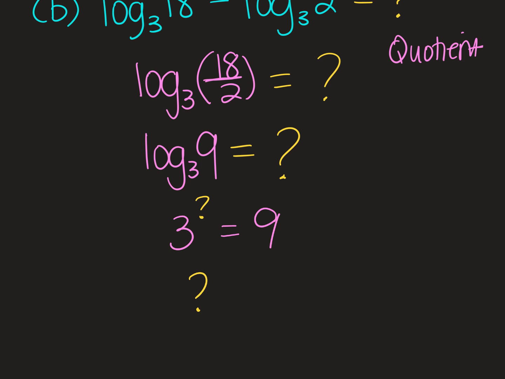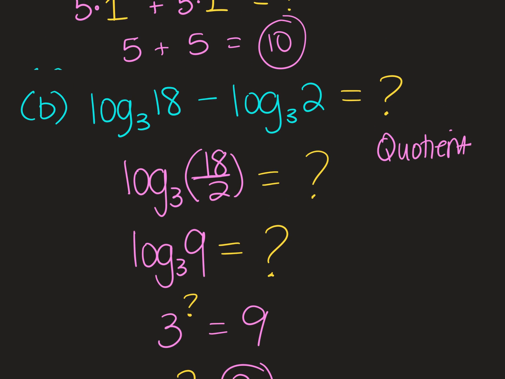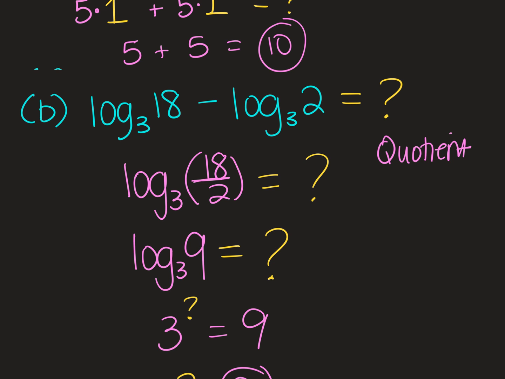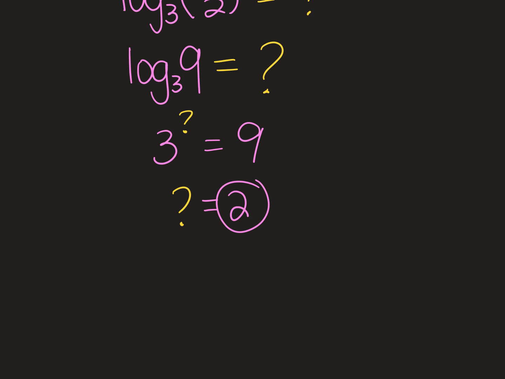The question mark is just 2. So just by using our properties to rewrite it in another form, I can go from having no idea what that expression is without using a calculator to, oh, okay, that's not bad. It's just 2.